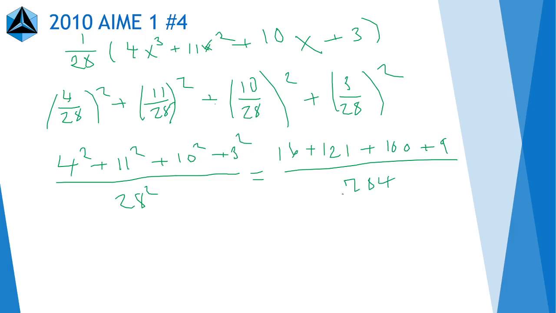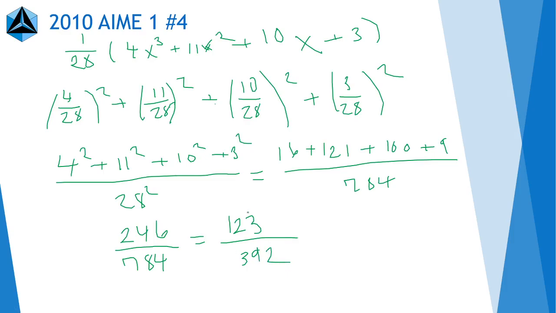This gives us 246 over 784. And we can simplify this down to 123 over 392, and that's the simplest form of this fraction.